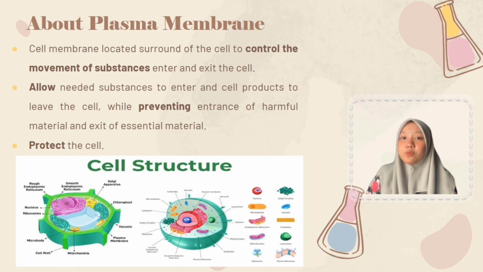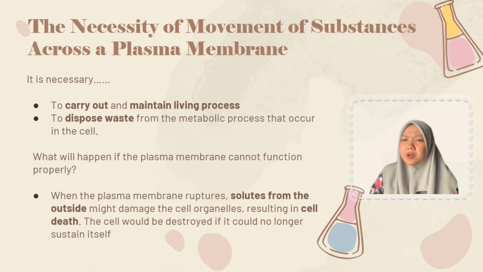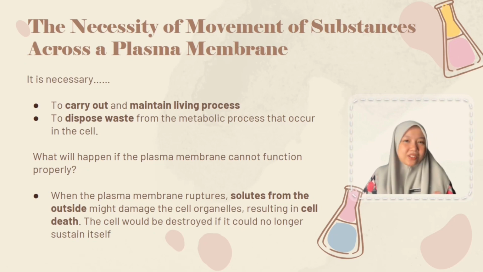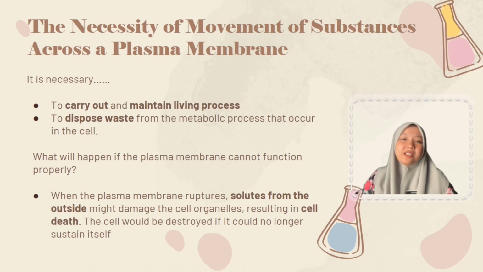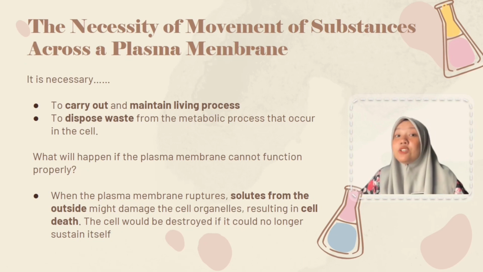So next we will move to the necessity of movement of substance across the plasma membrane. So do you think it is crucial or not that these substances enter into our body? The answer is very crucial because it is a process in life. So the movement of substances in and out of the cell is aimed at maintaining the living process.